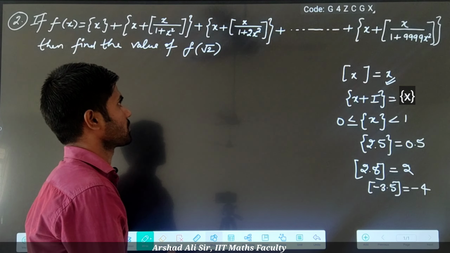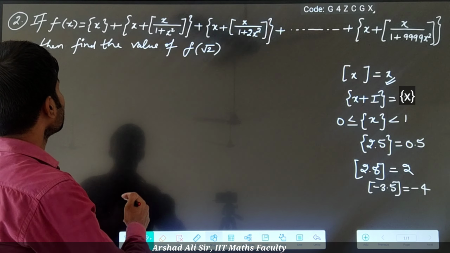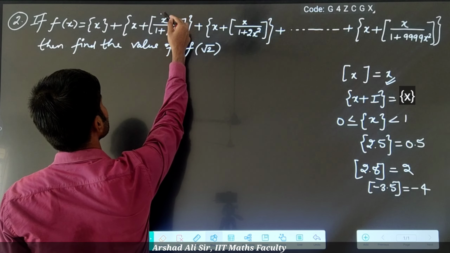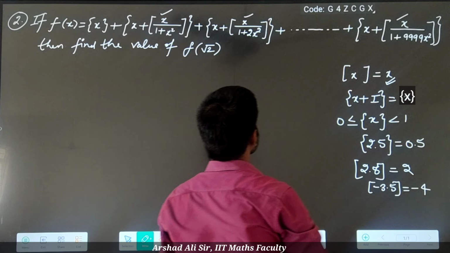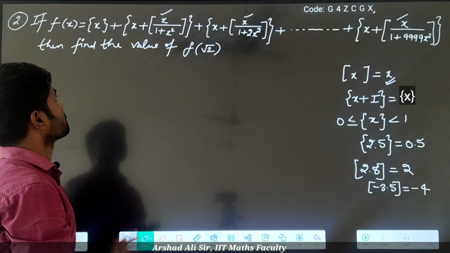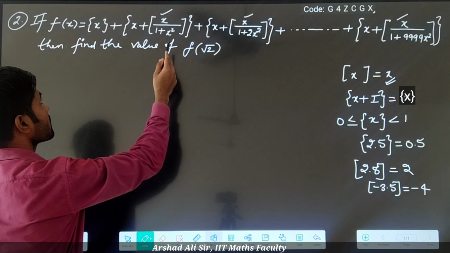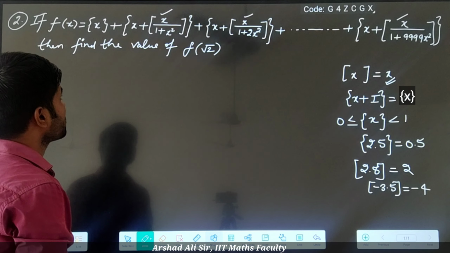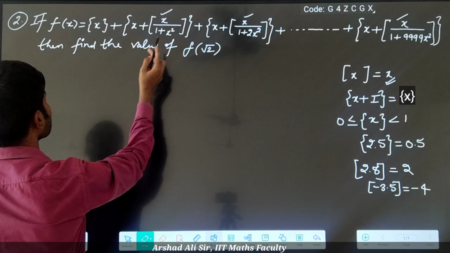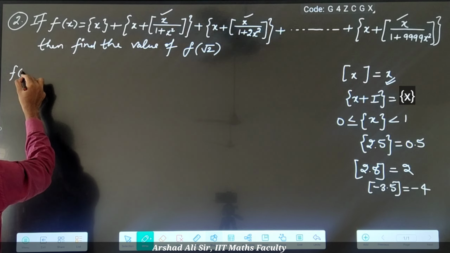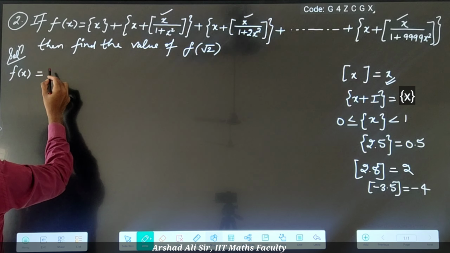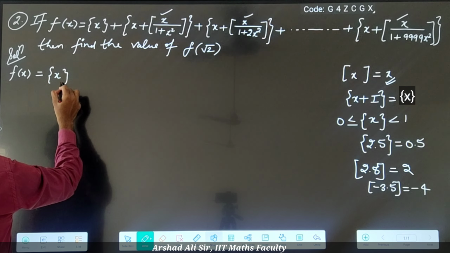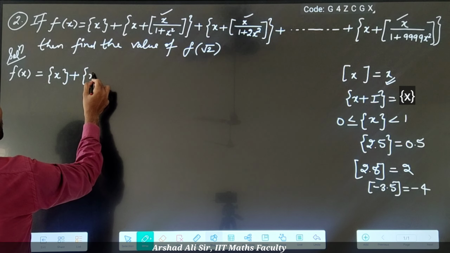Now think about the question. In the question you need to think about the second term. Here we have the greatest integer. Think about what is inside the square bracket: whatever we have inside the bracket is an integer. So we can write this function like that: f(x) is equal to fractional part of x plus fractional part of x.